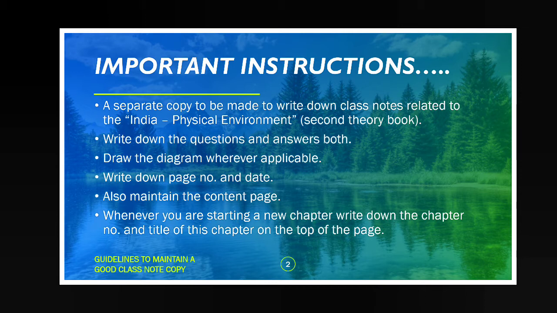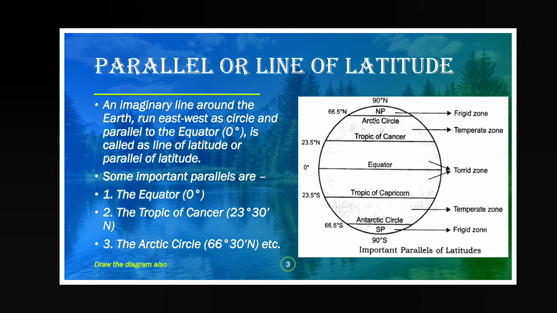Now come to the next. The first thing is parallel or line of latitude. Parallel means, first of all, you have to say it is an imaginary line; there is no real existence of that type of line. If you go to search for that type of line on the earth, really there is no existence.